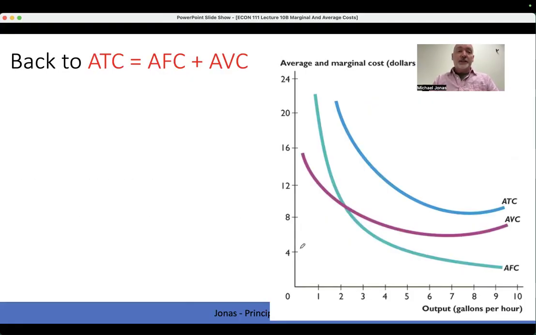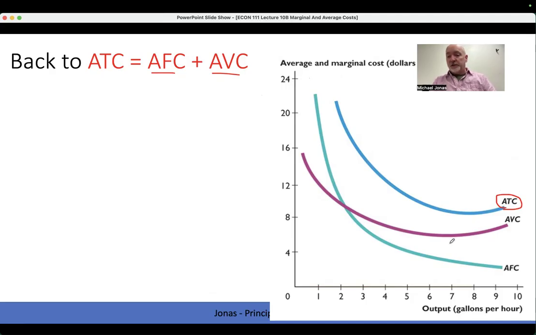Now we put those two things together, so we have that continually declining pattern in the average fixed cost. We have that U-shaped pattern in the average variable cost. Graphically, we add those two up and we'll get the resulting summation, the average total cost.